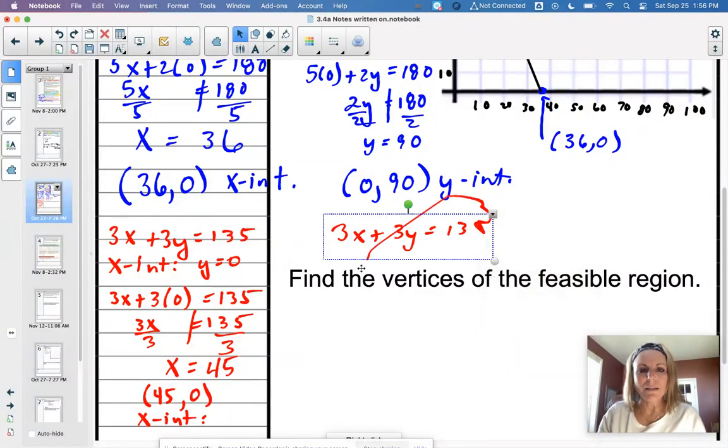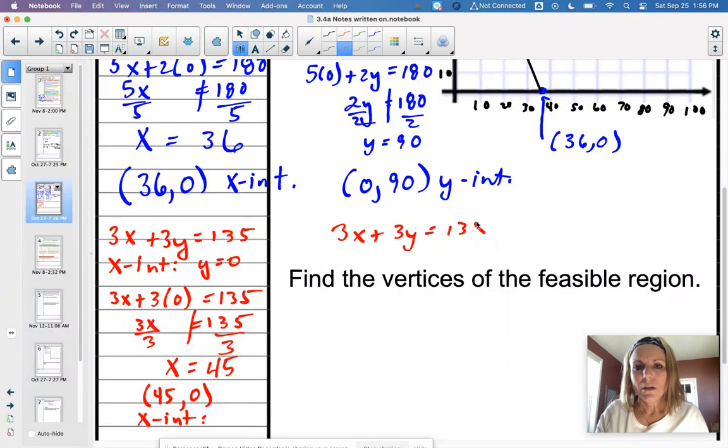Now we're going to find the y-intercept. And notice, when we're finding the x-intercept, that's a point on the x-axis, y is always 0. When we're finding the y-intercept, that is a point on the y-axis, we're setting x equal to 0.